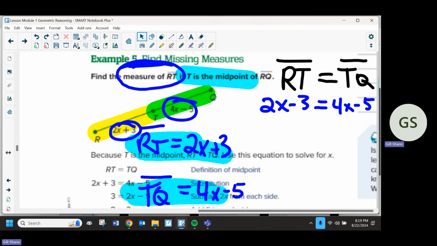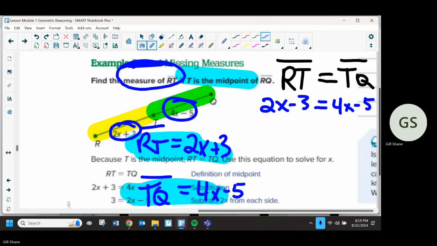How would you know where the 6x goes? Let's say you said, I'm just going to move the 4x and combine it with the 2x on the left. But the problem is the number one rule of solving equations is whatever I do on one side, I have to do on the other side.